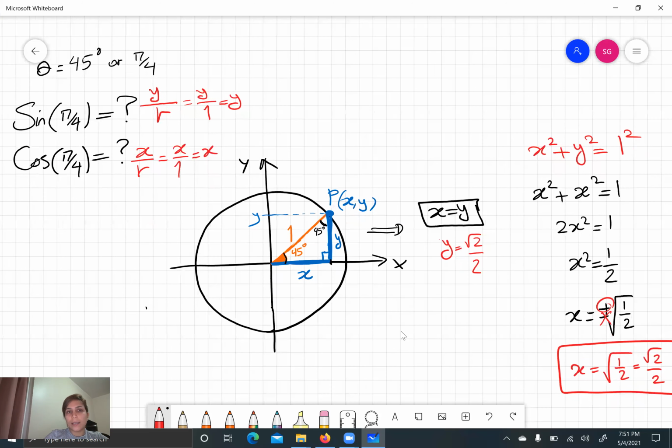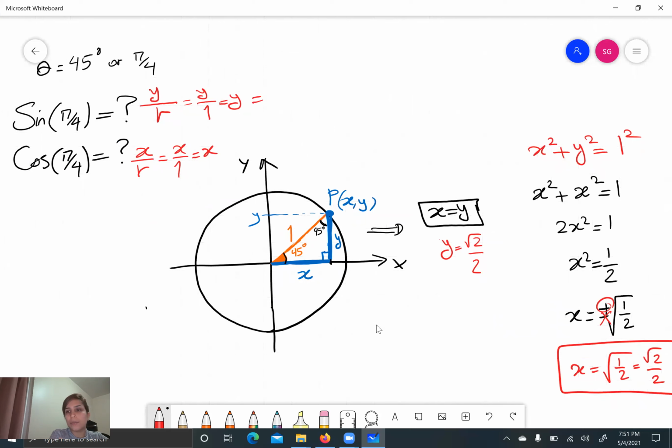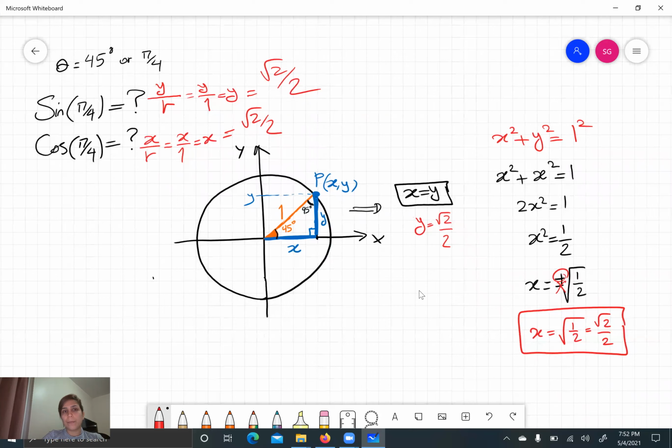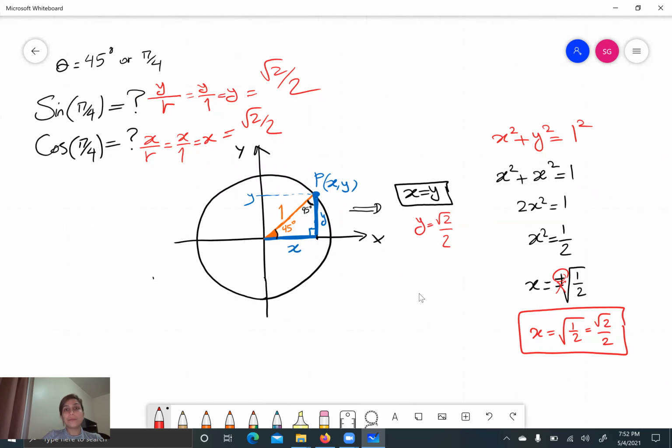So sine and cosine, because the y value is square root of 2 over 2, x is square root of 2 over 2. Pay attention that both of them are positive, you see, because they are in the first quadrant, so the x and y values are the same. So that's it. We calculated the sine and cosine of 45 degrees.